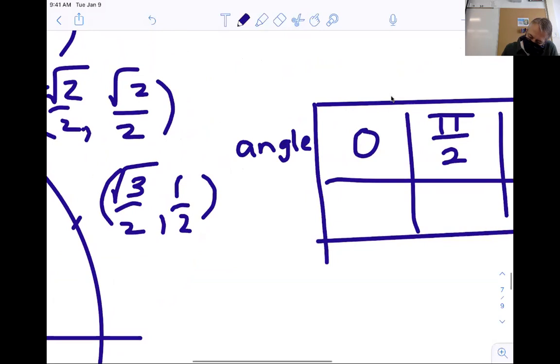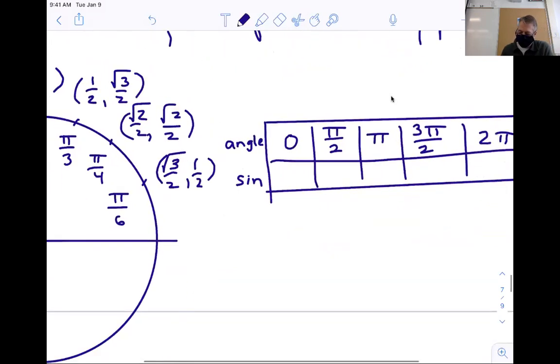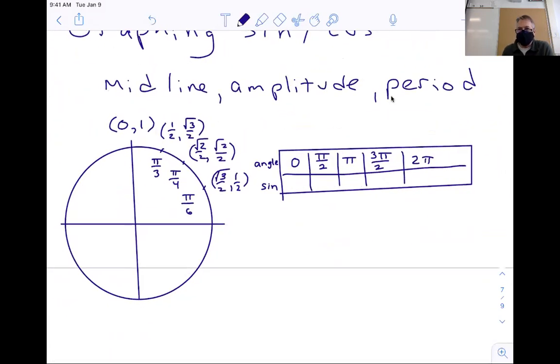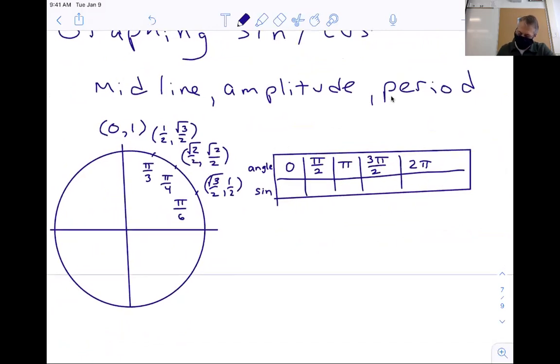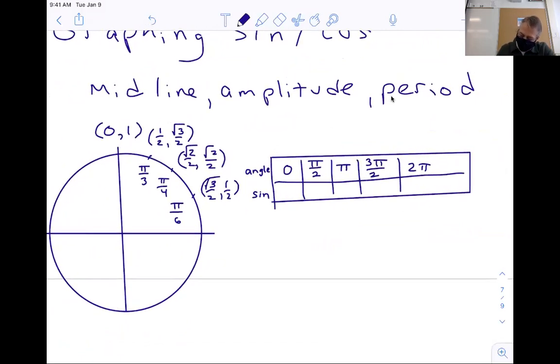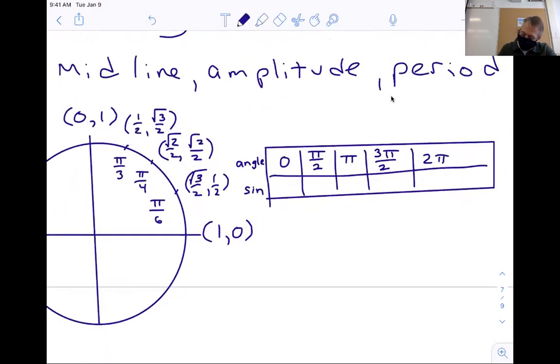And on the bottom, I want to find the sine of those angles. So the sine of 0, well, remember the coordinates here are 1, 0. The sine is the y value. So the sine of 0 is 0.